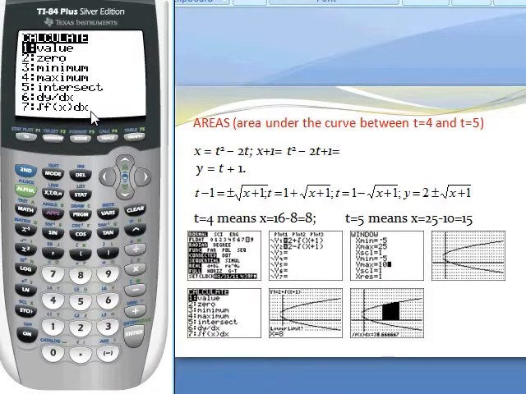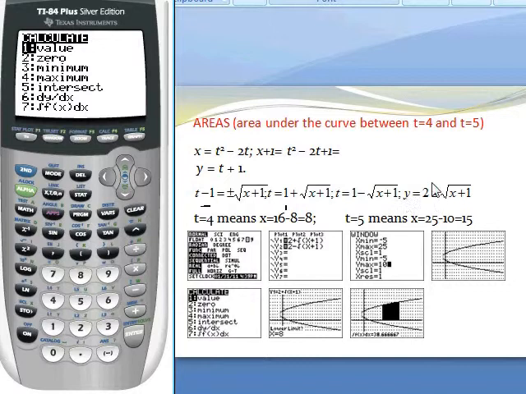One way to do that, I can do some algebra, pull the t out from here, add 1 to both sides, take the square root and all this, so you get t equals 1 plus square root of x plus 1, and t equals 1 minus square root of x plus 1. But between 4 and 5, it's going to be the positive one, so I already know that.